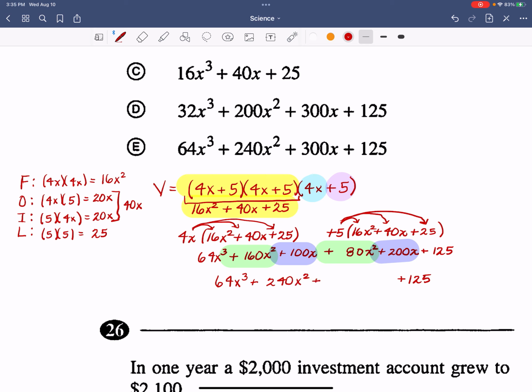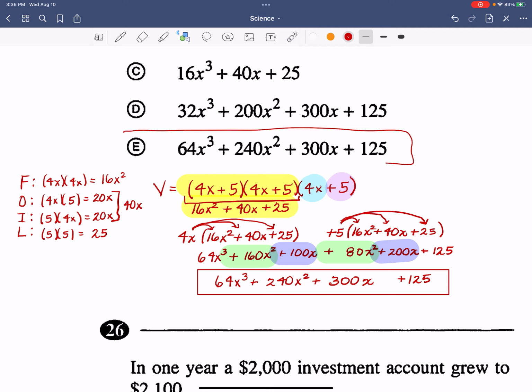And then 100 plus 200 would give me 300 for the blue terms. And that is what I'm looking for. That is the final answer. It can't be simplified anymore. And that matches nicely with E.